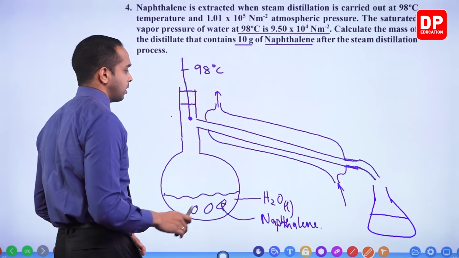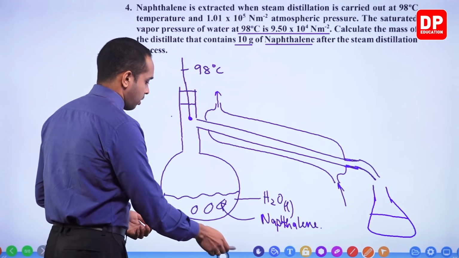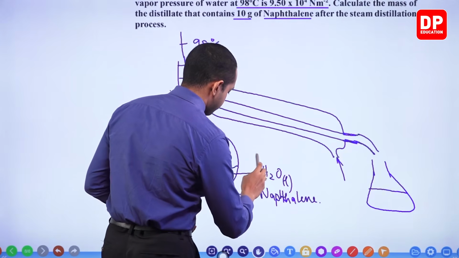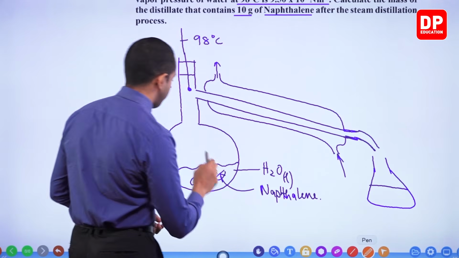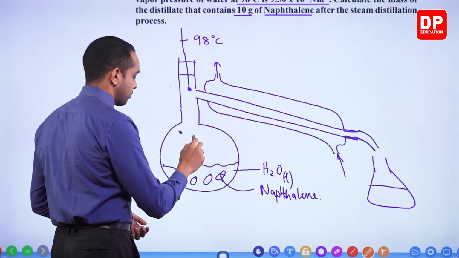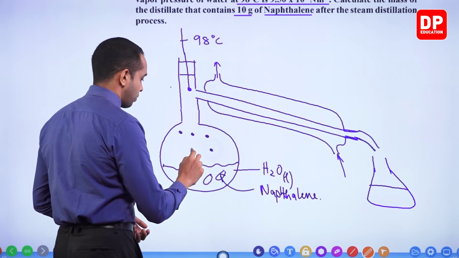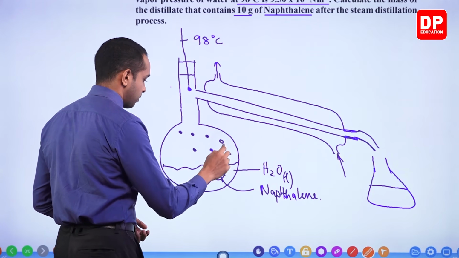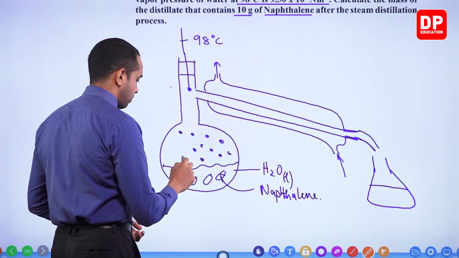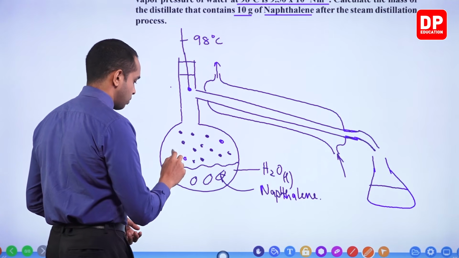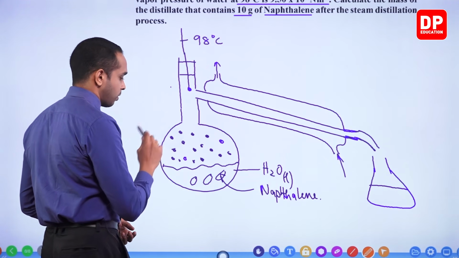This reads 98 degrees Celsius. And students, again, in this region you will have the vapor, water vapor. I will draw the water vapor like so. So in these blue dots, what I'm drawing is the water vapor.